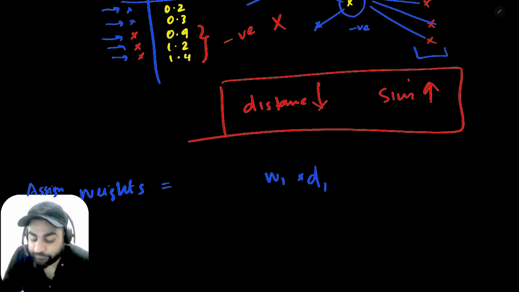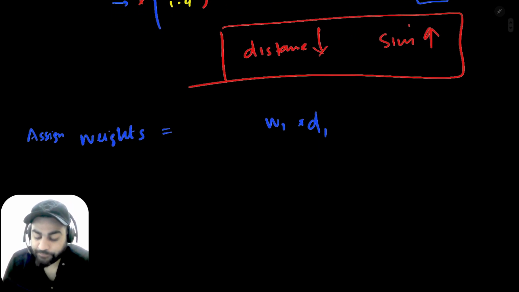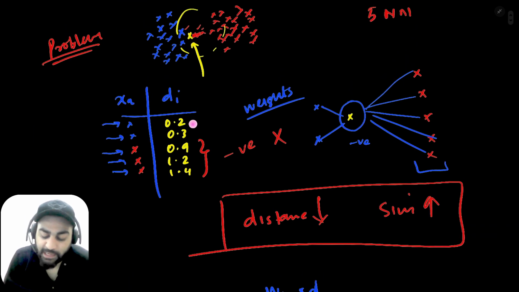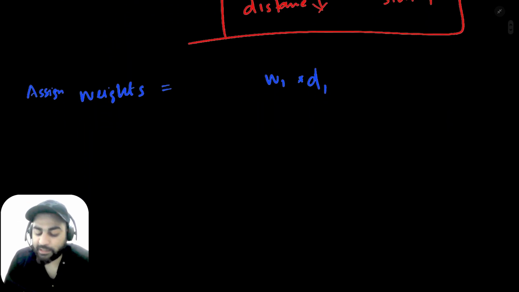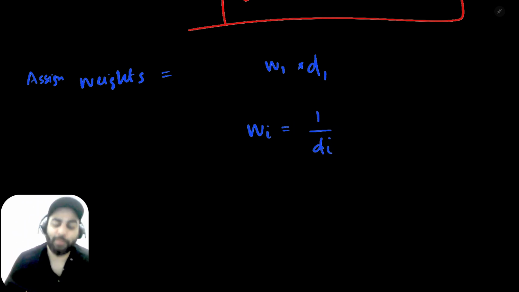The weight should be inversely proportional to the distance. So Rian proposes that as the distance goes down, the similarity goes up. So we can write the weight wi equal to 1 divided by di. Okay, that's the problem you guys solved. This is called weighted KNN.